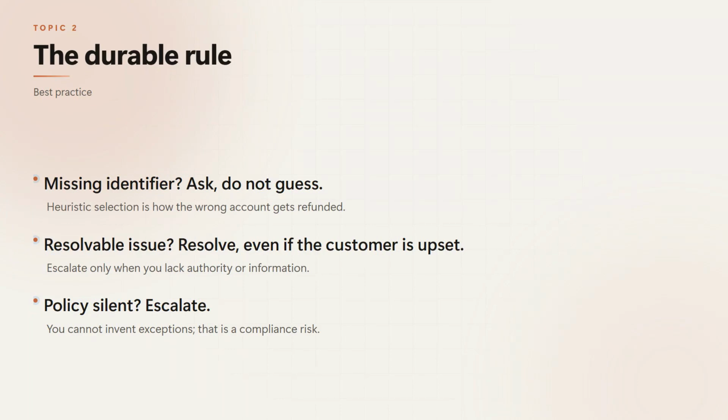Never guess, because guessing is how the wrong account gets refunded. If you have both information and authority, resolve the issue, even if the customer is frustrated. Escalate only when you are missing one of those two things. And when policy is silent, you lack authority by definition, so escalate. This rule holds whether you are building a support bot today or an autonomous agent next year.